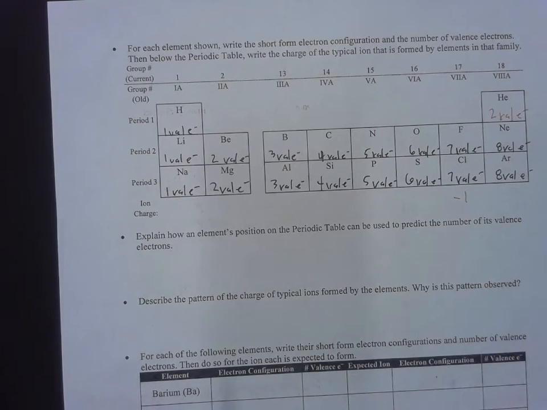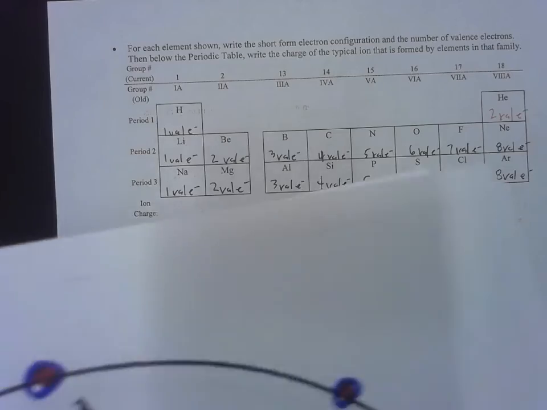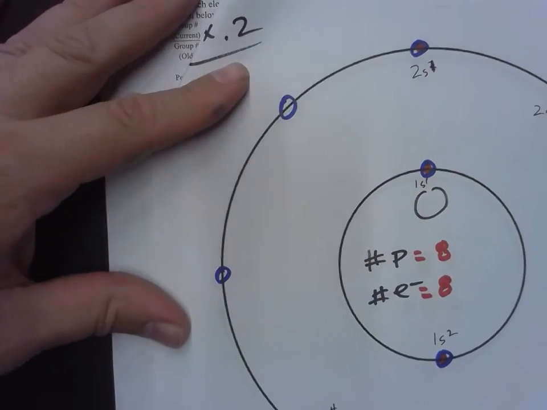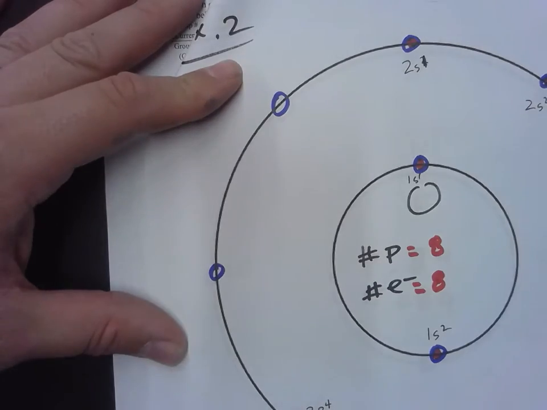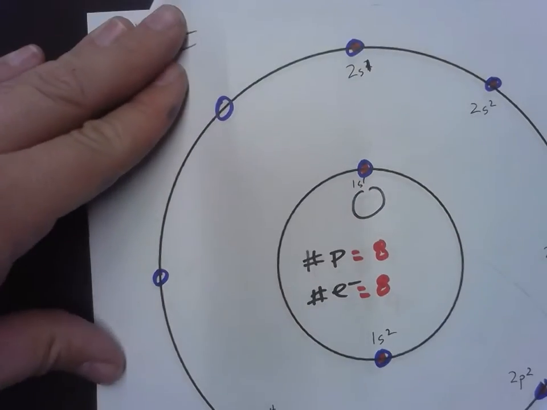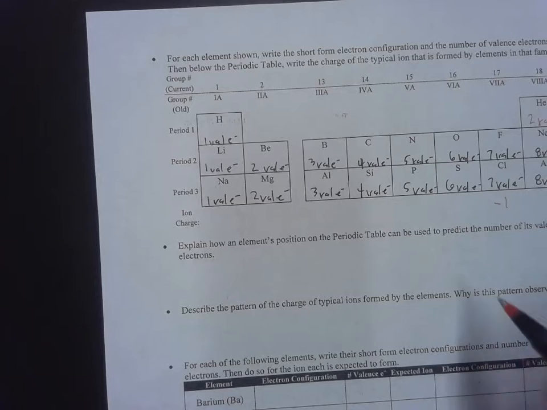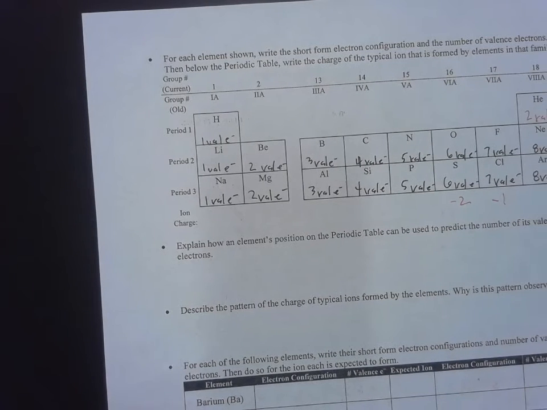What about oxygen? Oxygen has 6 valence electrons. That means it's got 2 empty seats that it really wants to fill. So once it does, it will form a -2 ion, or a -2 charge.